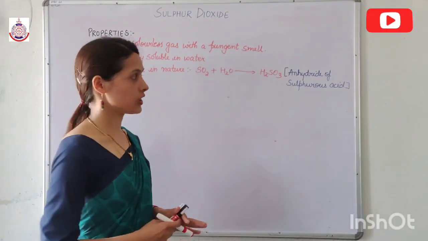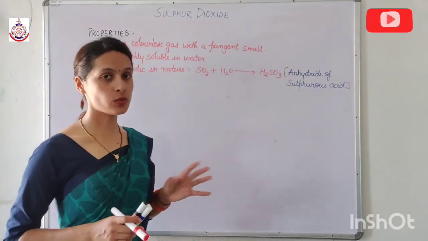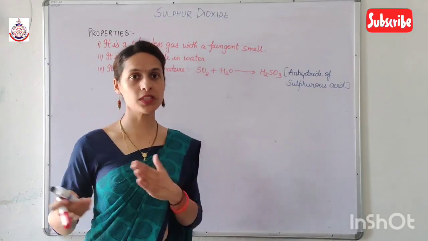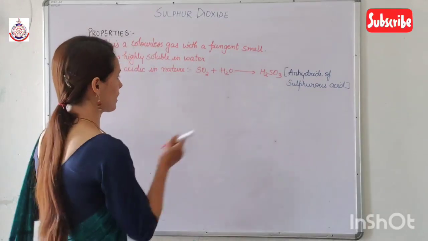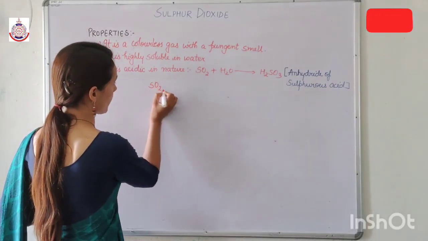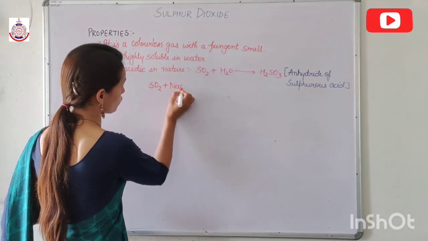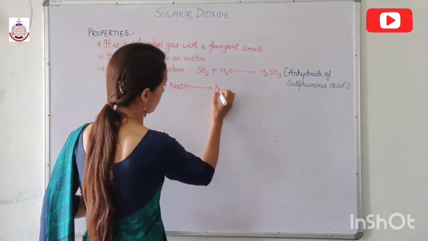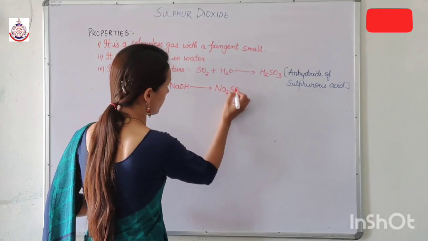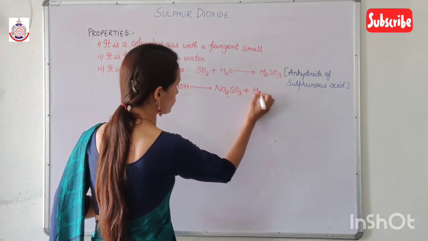Being acidic in nature, this SO2 reacts with a base to form salt and water. For example, SO2 reacts with NaOH to form Na2SO3 plus H2O.